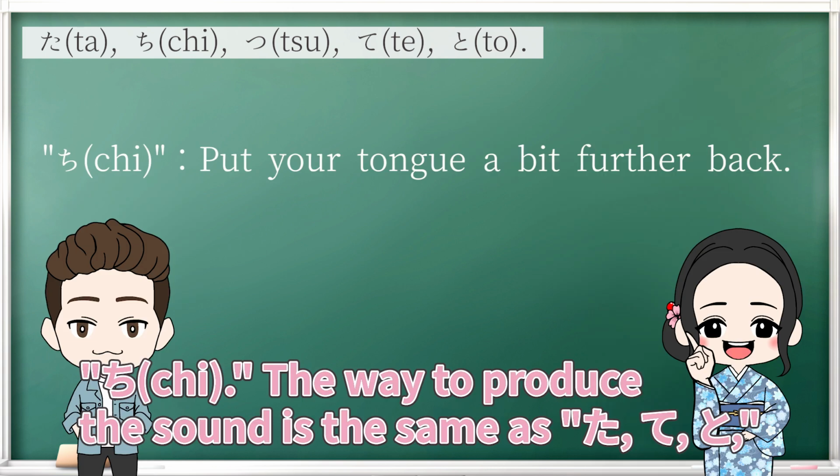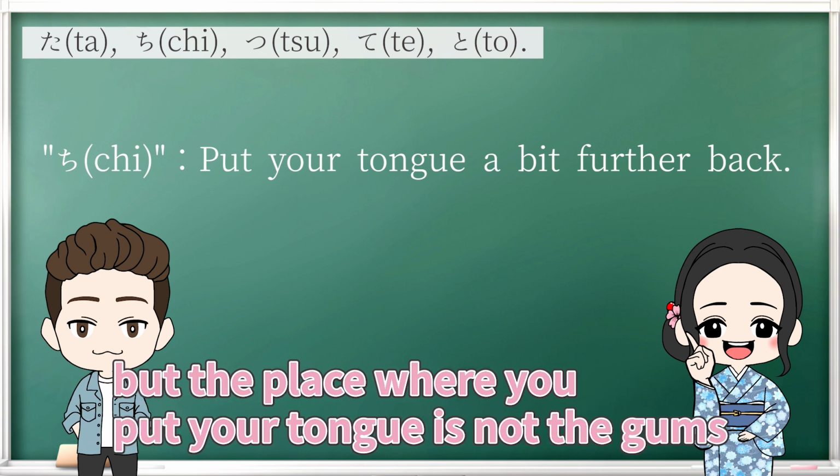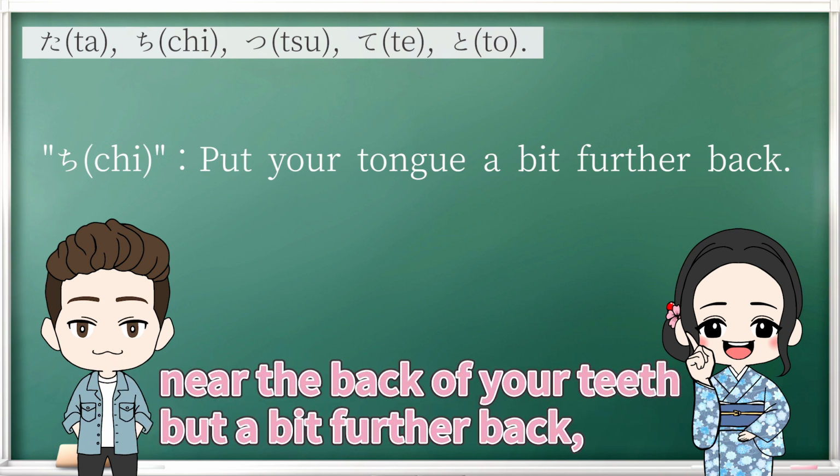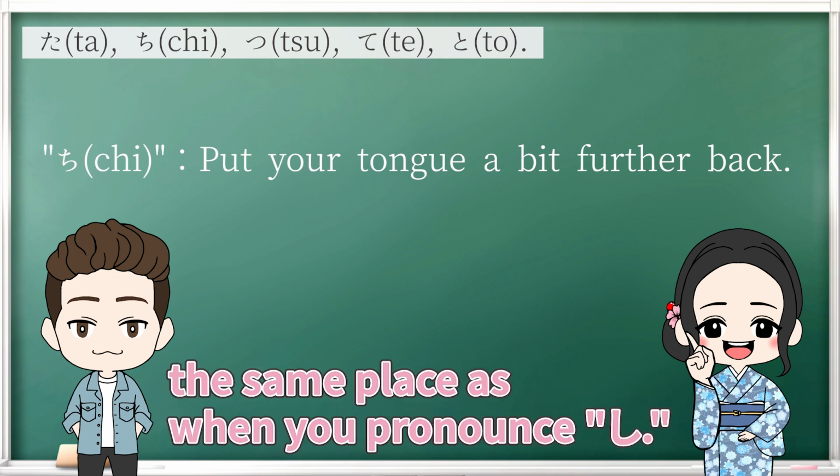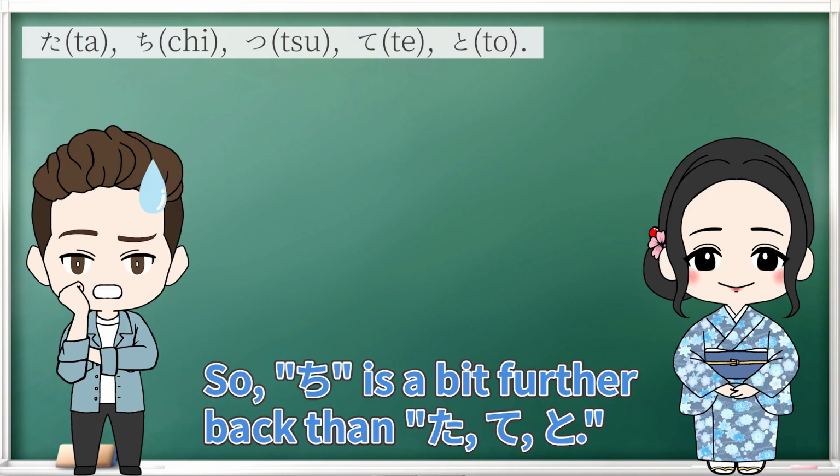The way to produce the sound is the same as ta, te, to. But the place where you put your tongue is not the gums near the back of your teeth, but a bit further back. The same place as when you pronounce she. So, chi is a bit further back than ta, te, to.